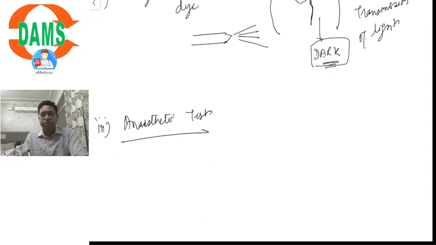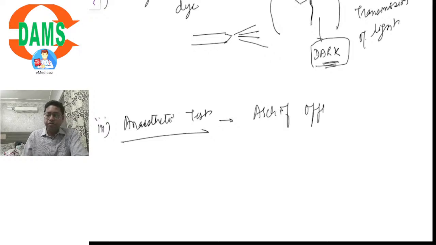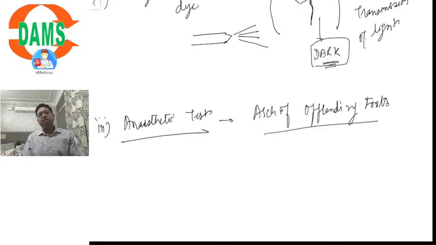Anesthetic test. The anesthetic test is relevant in a situation when we need to identify the arch of the offending tooth, meaning the patient simply says that he is having pain on either the right or the left side and is not able to identify whether it is because of the upper or the lower tooth.